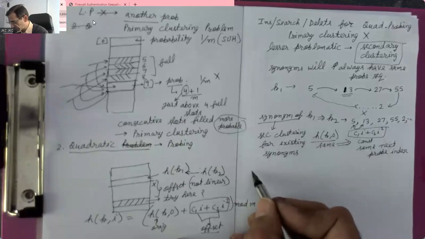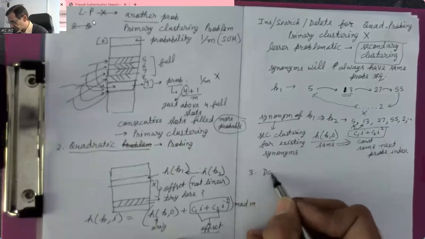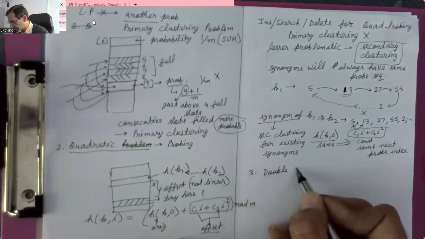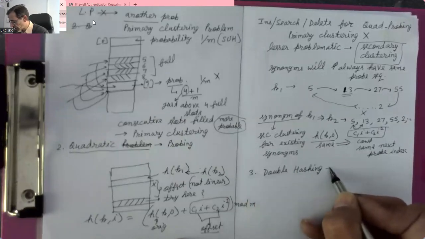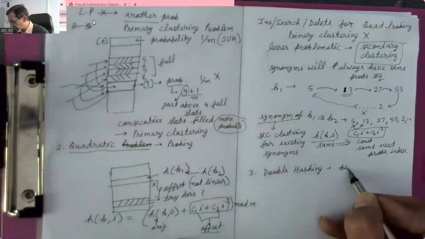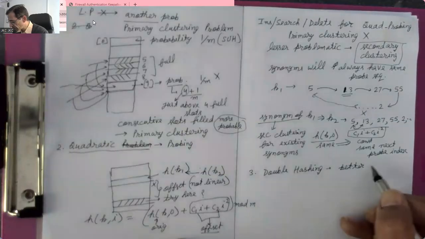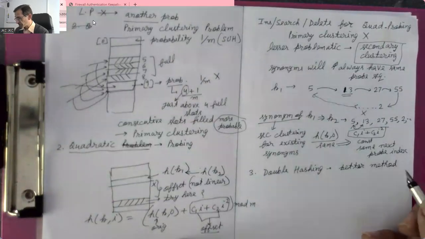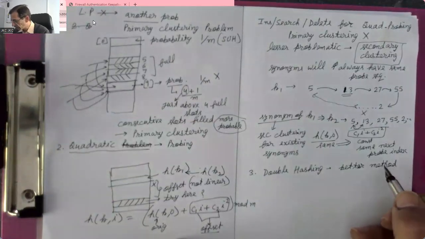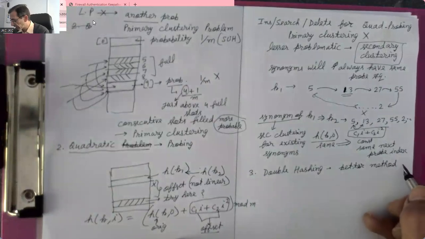So then came the best solution, which is known as double hashing. Double hashing is the ideal solution, better than the others because it avoids even secondary clustering. In fact, many areas of computer engineering, including cryptography and networking, use this particular technique.